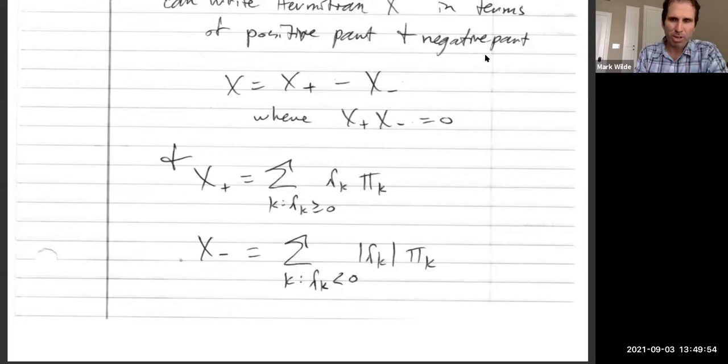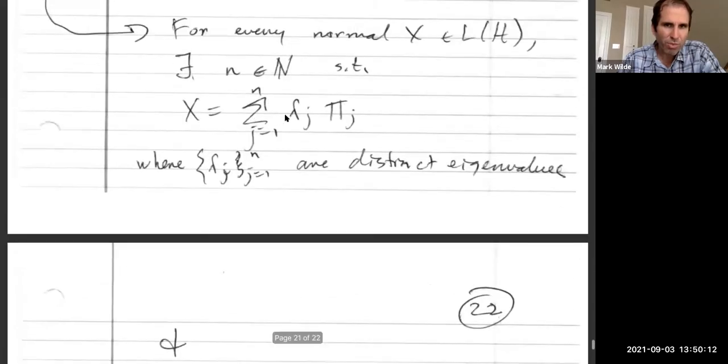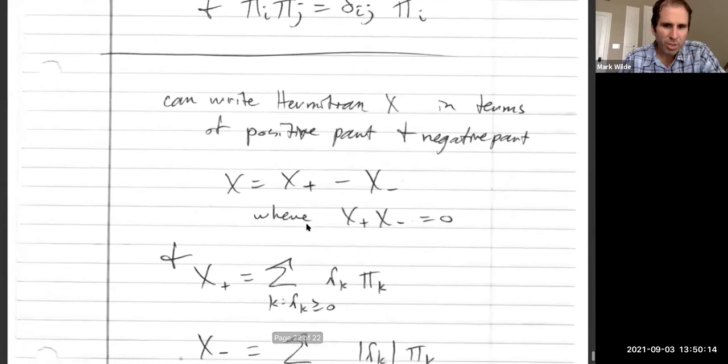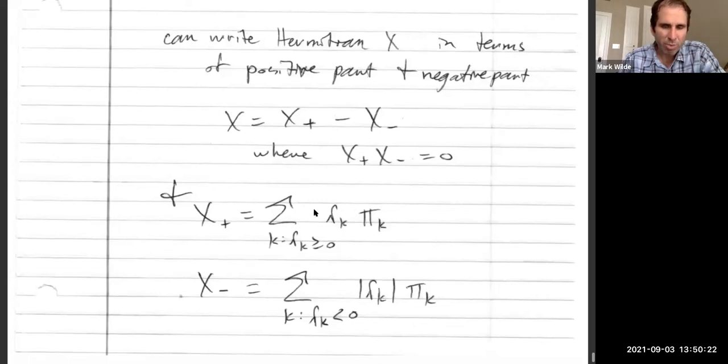Okay, the terminology can be a little confusing. The critical thing is that the positive part times the negative part is equal to 0. So these two matrices are orthogonal to each other. How do you get it? You take the eigen decomposition from here, include all of the terms such that the eigenvalues are non-negative, and you get the positive part.